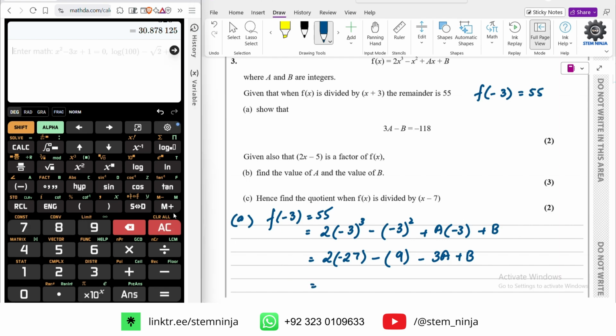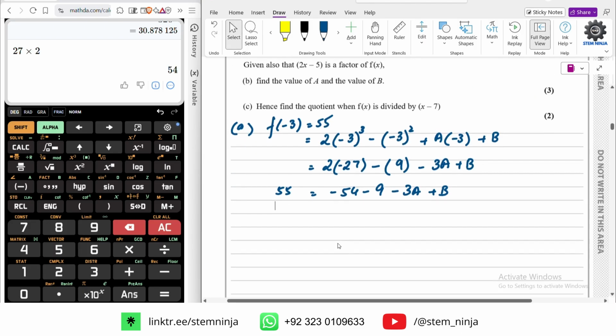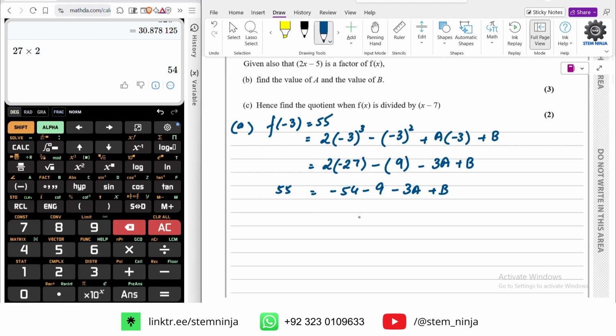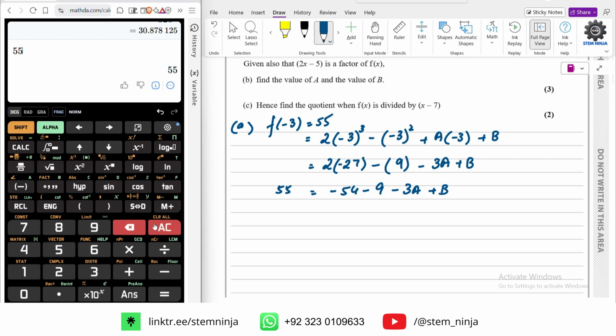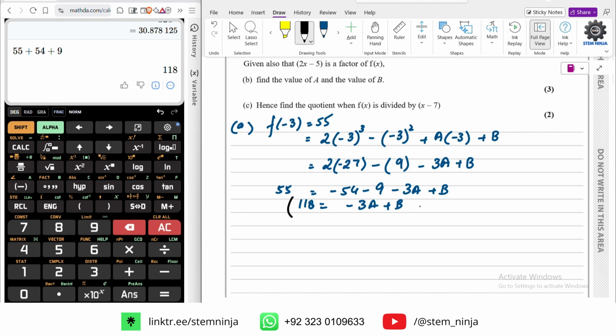So 27 times 2 is minus 54, minus 9, minus 3a plus b equals to 55. So you have 55 plus 54 plus 9, sorry. That is 118 equals to minus 3a plus b. Now after that you can multiply both sides by minus 1, getting you 3a minus b equals to minus 118.